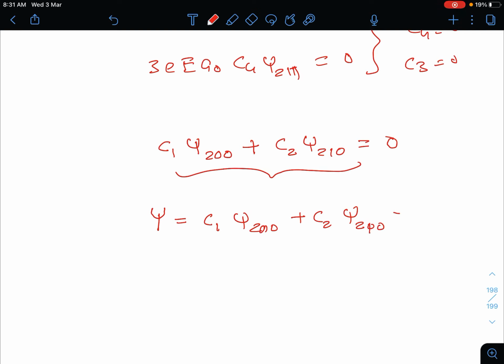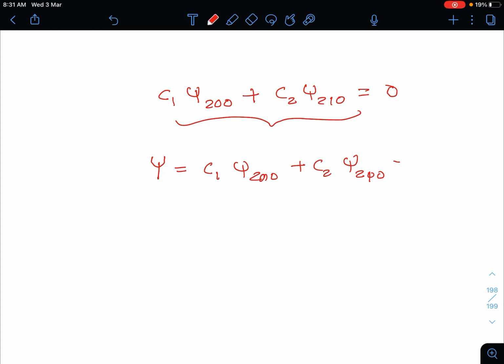Now the normalization condition gives that the square of the amplitude would be obviously 1. Because these two are normalized, C1 squared plus C2 squared must be 1. From that you can simply say that C1 is equal to 1 by root 2 and C2 is also equal to 1 by root 2.